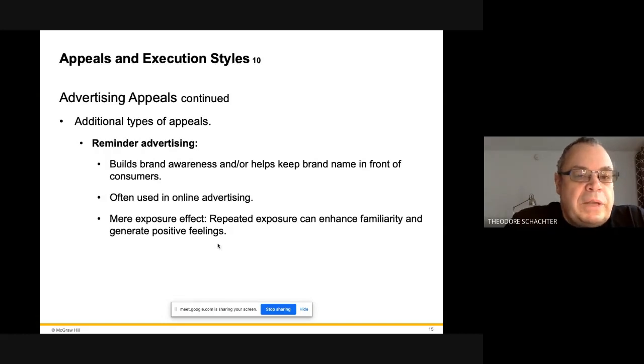Now, a few definitions that you have to know: reminder advertising. Reminder advertising is about basically reminding us that summer's coming and it's time to have a Coke, or baseball season's coming and Budweiser associates themselves with baseball, or Mother's Day is coming, or the holiday season is here, and products associate themselves with that.